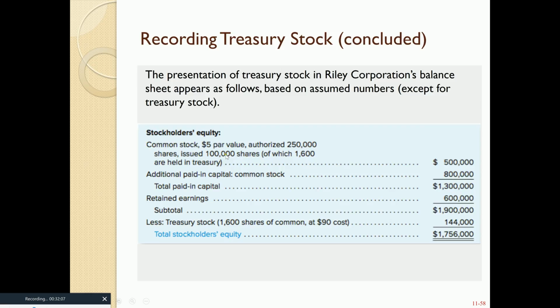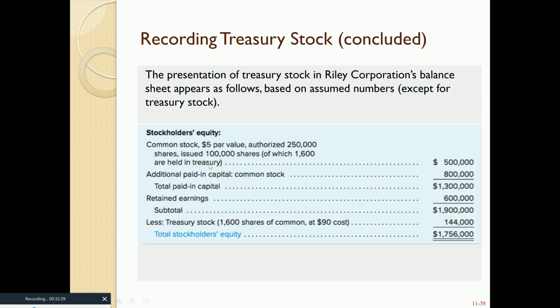But how many shares are outstanding? 98,400 shares are outstanding. The difference between issued and outstanding is what's in the treasury. That's why it says here in brackets, 100,000 shares are issued, of which 1,600 shares are held in the treasury.